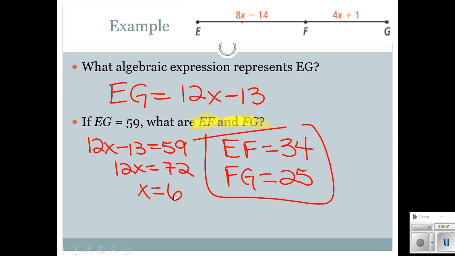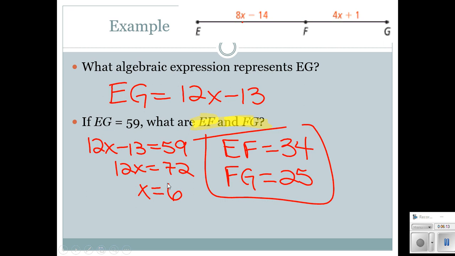You get 6 for x. Once you get that, you can plug it into the original expressions. 8 times 6, 48, minus 14 is 34. 4 times 6, 24, plus 1 is 25.